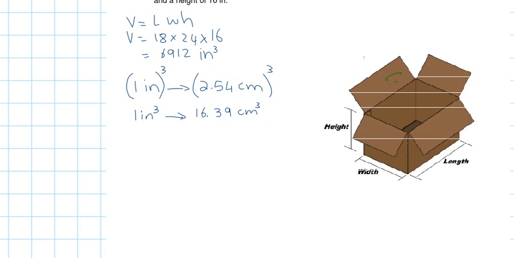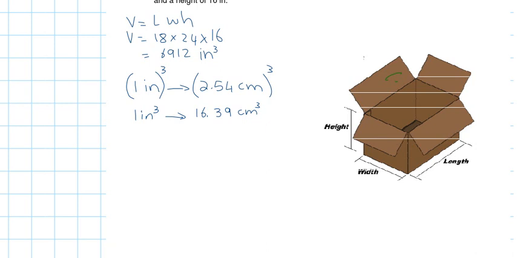Where did I get this from? Did you guys find that? Do we understand this part? Now, because I have inches cube, I can take my answer, which is 6,912 inches cube, and convert it to centimeter cube, then convert to liter or milliliter.